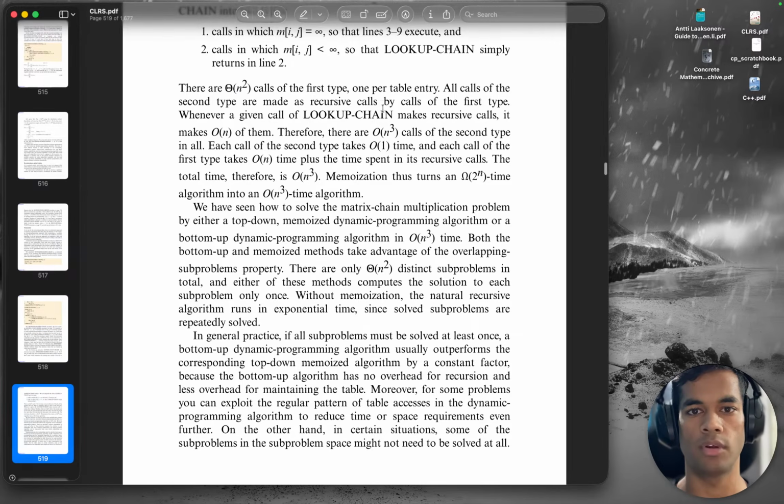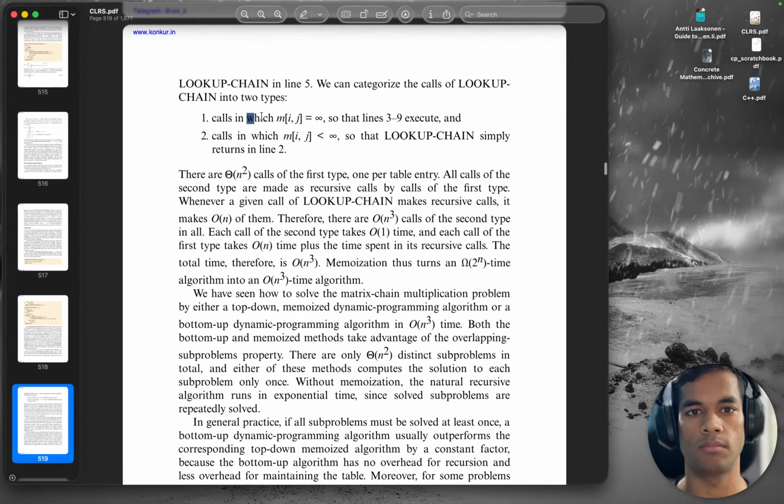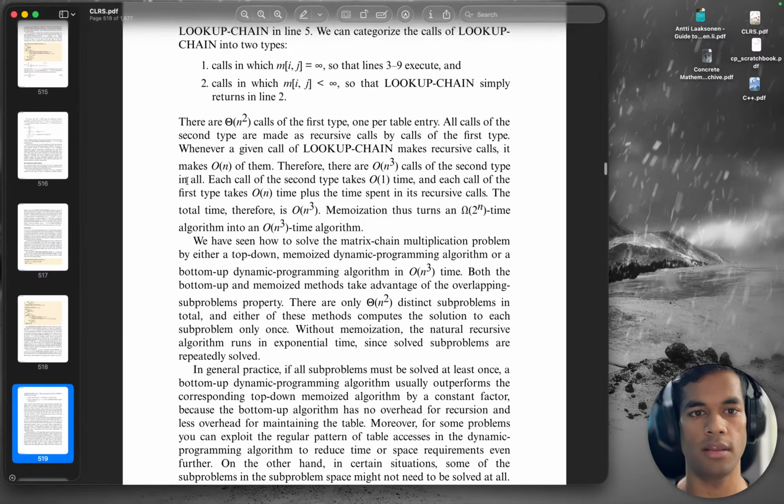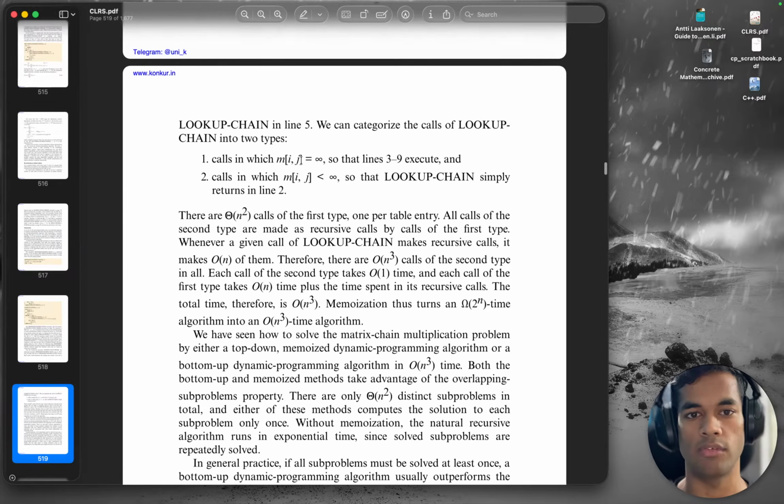There are n square calls for the first time to fill up every single entry. It makes O of n of them. Whenever we give a call of lookup chain, it makes recursive calls, O of n of them in the worst case, when i equals 1 and j equals n.